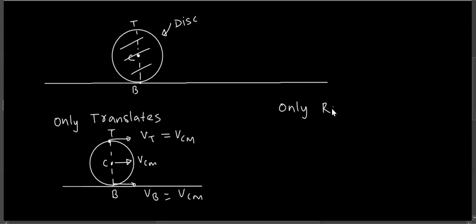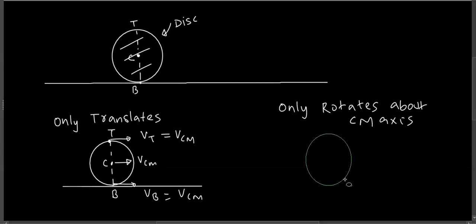Now, if the disk only rotates about the center of mass axis, in that case the center is not going anywhere. This Vc, earlier it was Vcm if it only translates, but now it is only rotating, so this is 0.